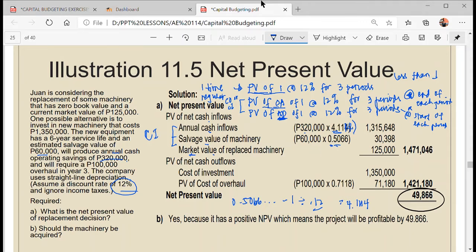So the total present value is 1,471,046.